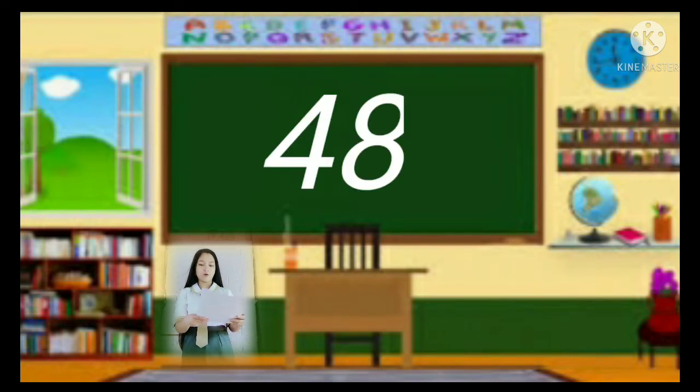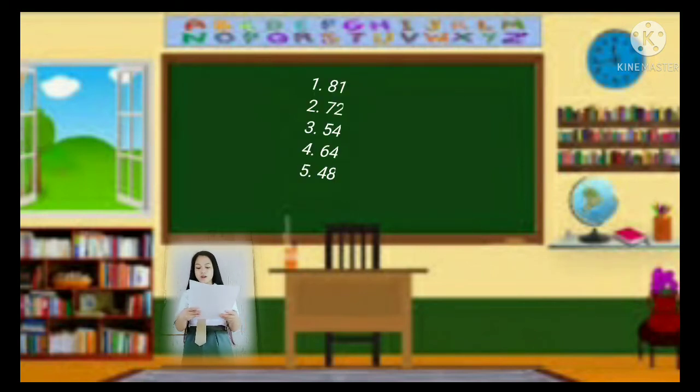What is the product? Mike. Okay, very good. The answer for number 1 will be 81, number 2 will be 72, number 3 will be 54, and number 4 will be 64, and the last is 48.